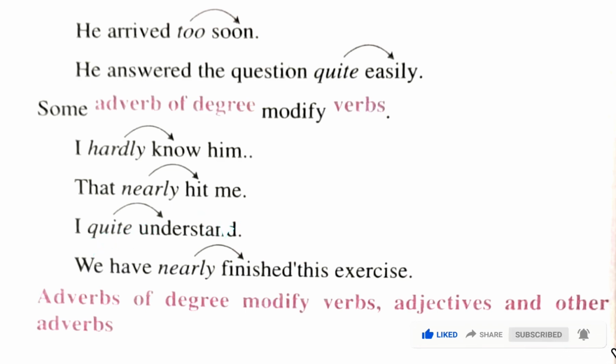Here understand is a verb and it is modified by the adverb quite. And in this place we have nearly finished this exercise. We have found here finished. What? Finished is a verb and this verb is modified by the word nearly, which is an adverb. So after reading this we can say adverbs of degree modify verbs, adjectives and other adverbs.